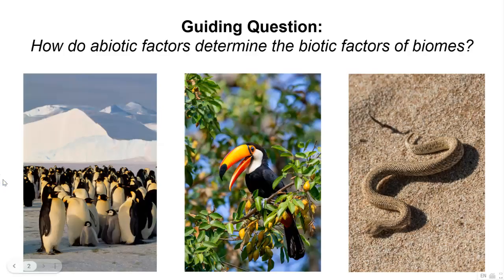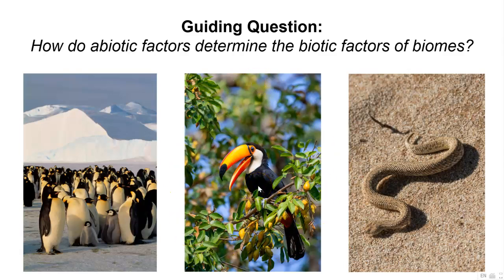So our guided question is, how do abiotic factors, how do non-living factors determine the biotic factors of biomes? While you're remembering, hopefully, what abiotic and biotic mean, I'm just going to point out that we have 3 different ecosystems here. This one we know is going to be cold, maybe somewhat sunny, because we see penguins here. Here we're probably already getting hot looking at this.